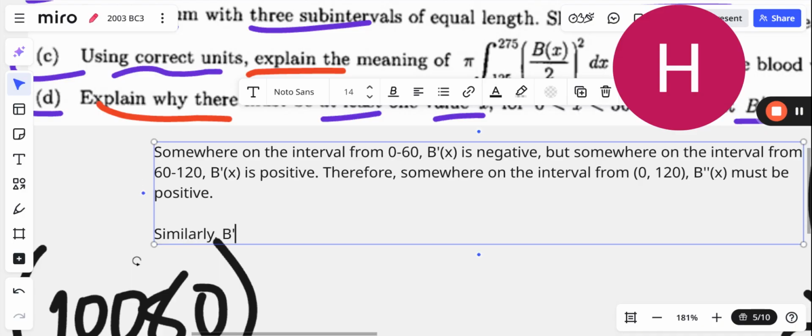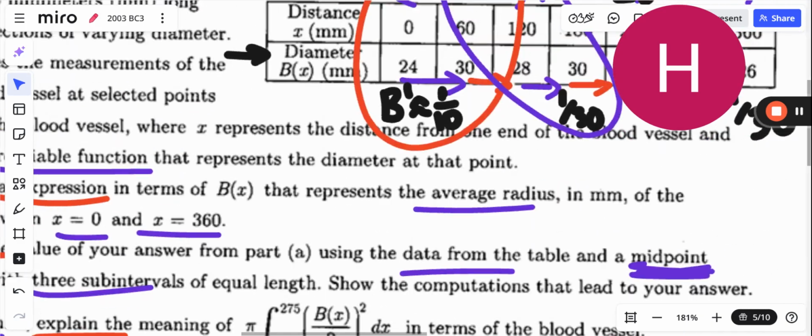Similarly, B prime of x is positive somewhere on the interval 120 to 180. I believe that's where it was. Yeah.